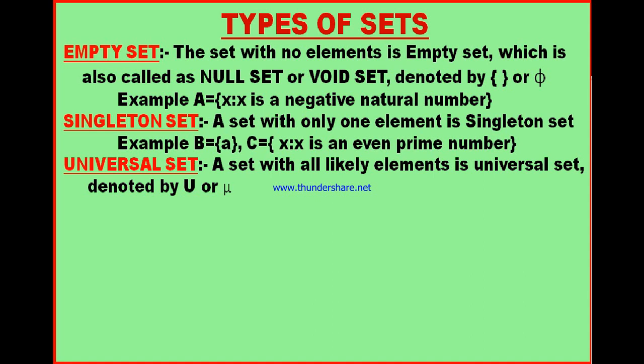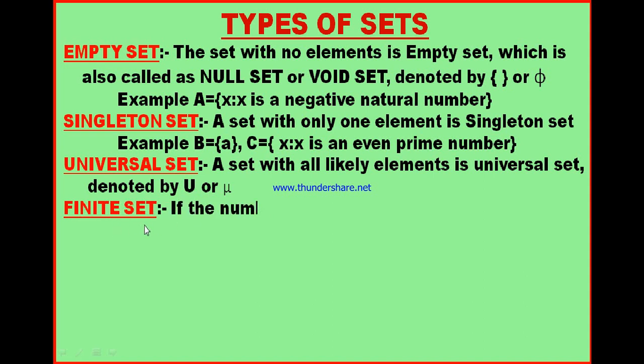Therefore, the set of students in the school is called the universal set, meaning a set with all likely elements. From this universal set only we can list out the remaining sets. This universal set is represented by capital U or mu. In a Venn diagram, this universal set may be represented with either a square or a rectangle.